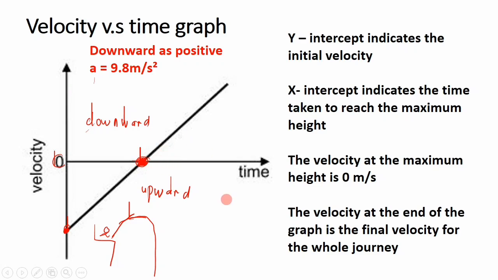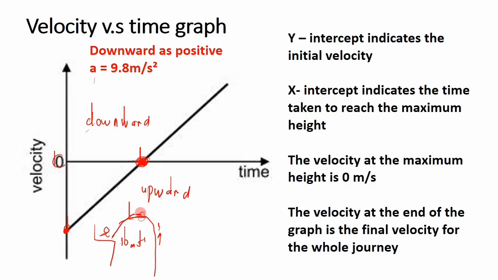So the idea is if I throw a ball at maybe a velocity of 10 meters per second upward, then as it goes, the velocity is decreasing up until it reaches a point where the velocity is 0, which is the maximum height.